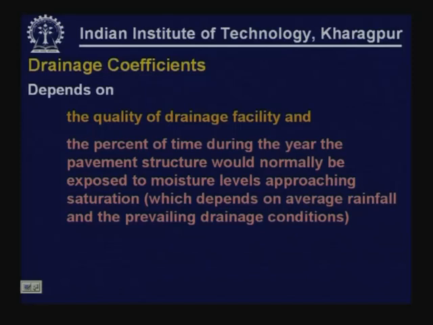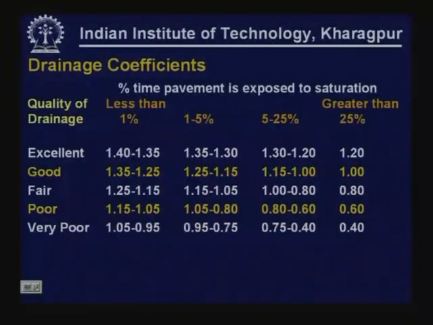While selecting drainage coefficients, what we are normally concerned about is the effect of moisture on granular subbase and granular base, how long these subbases and bases are going to be under saturated condition, and how good is the drainage in general, whether the water is going to be immediately removed or is it going to be there for about 20% of the time, 30% of the time. So, if we know about these conditions, we can select their drainage coefficients.